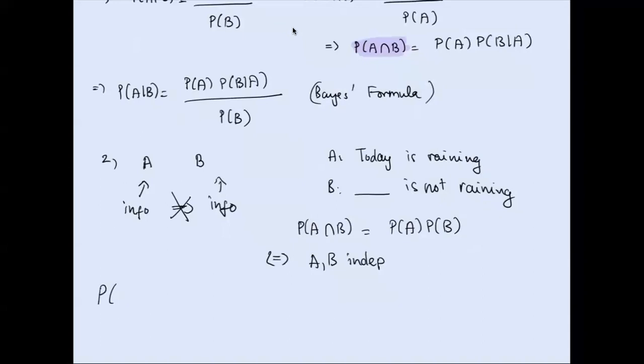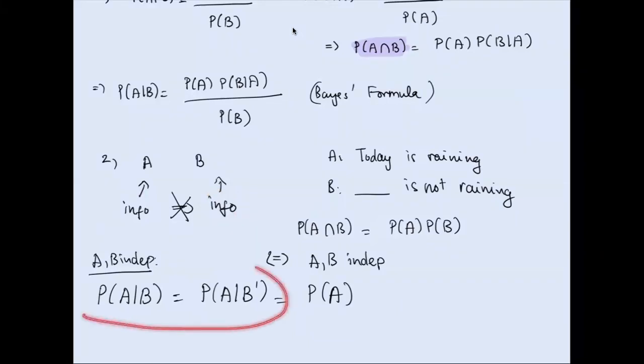You can also see another notation like if A and B are independent, then probability of A given B is equal to probability of A given B complement equal to probability of A. You can for sure prove this, but you can also understand intuitively because our definition is that A and B are independent if information about A does not reveal any information about B. So here what it's saying is that given that B happened, which means that given that we know some information about B, then the chance that A happened is the same as when we know some information about B prime.